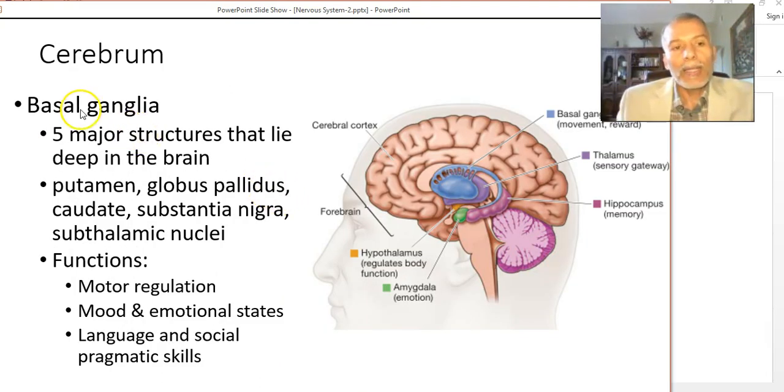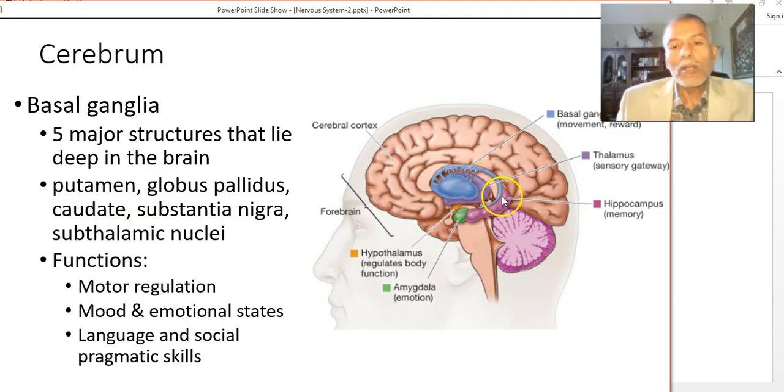The basal ganglia, again, are 5 major structures. They're here. They are clusters of bodies of neurons that are buried deep in the brain, and they are around the thalamic nuclei, around the thalamus.